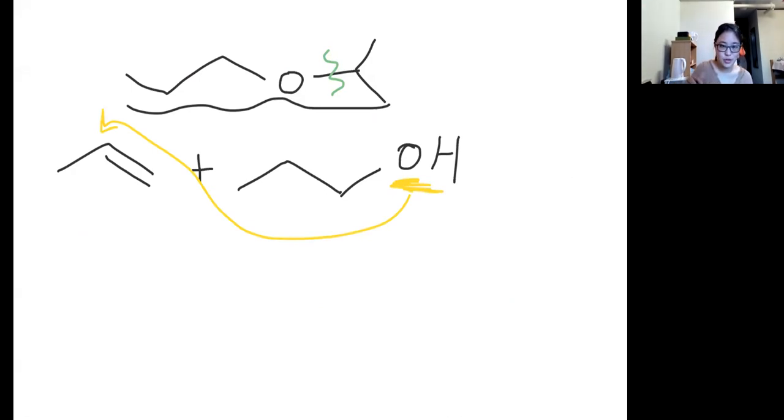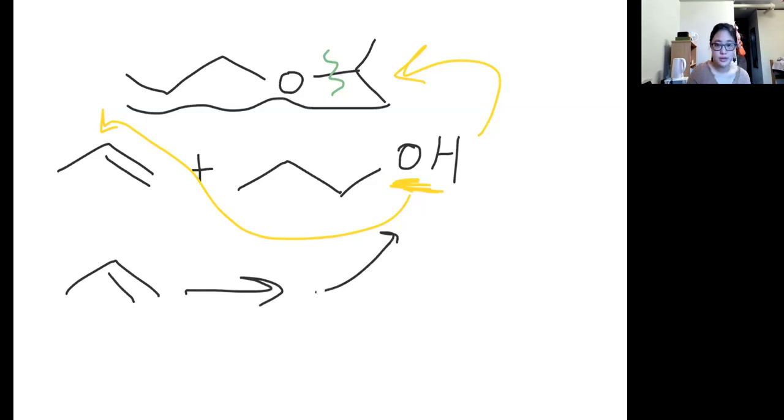So if we take these two molecules, that will get us our product. Right. So now the question becomes, well, how do we make this alcohol? Does anyone have an idea for maybe how we could get to this step? Is it Markovnikov or anti-Markovnikov? That's our first question, right?